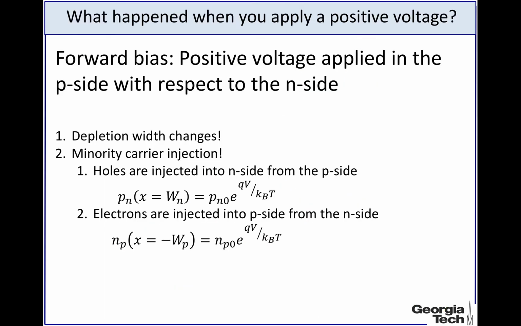To summarize, in the forward bias, the depletion width changes, so the depletion width becomes smaller. The second phenomenon is minority carrier injection.